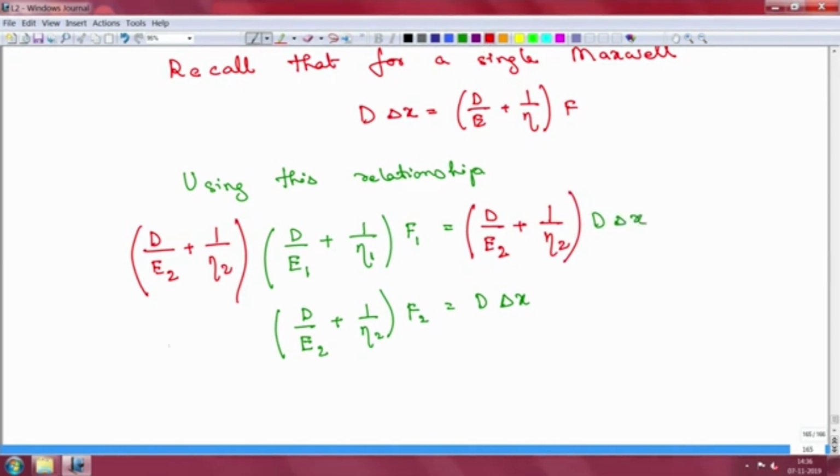Similarly, I have to multiply this side now by E1, and I do the same thing here. Sorry, this is eta 1 times of delta dx. Okay. So, now this is in a situation where I can add these two together.